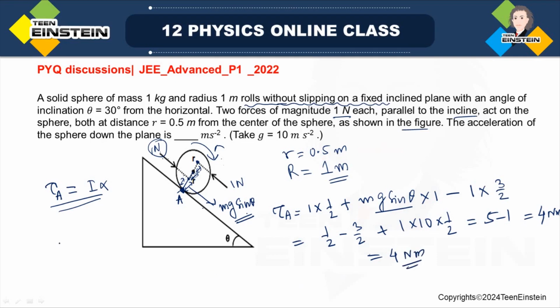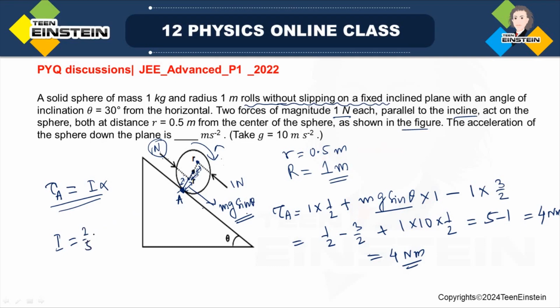Now this is equal to I alpha. What is I? I have to find out the moment of inertia about an axis which is passing through one edge, or it is actually becoming tangent to the sphere, and it is parallel to the diameter. So the moment of inertia will be 2 by 5 mr square.